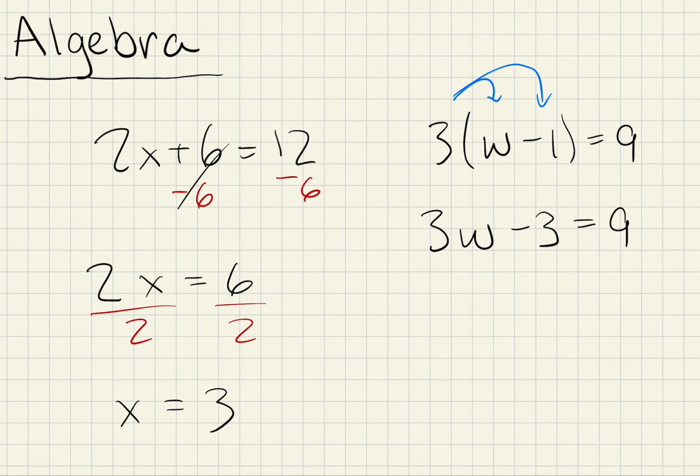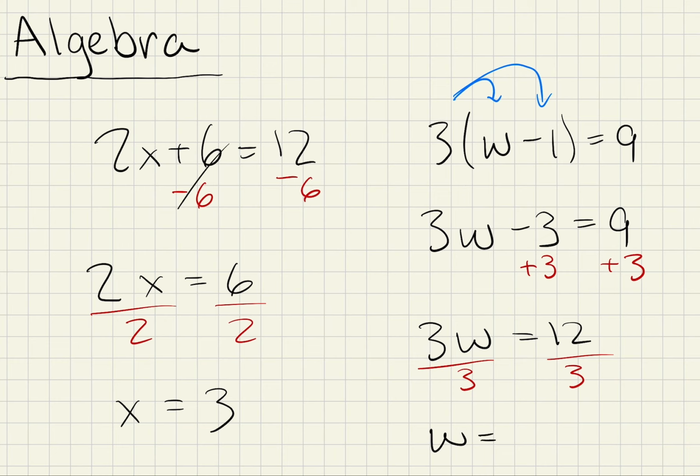So negative 3 plus 3 is 0, and then 9 plus 3 is 12. So we get 3w equals 12, and then we're going to divide out the 3 from both sides to get just our w, and here we see 12 divided by 3 is 4.